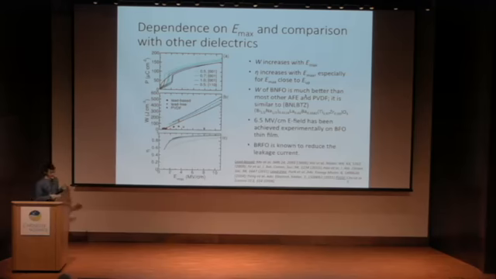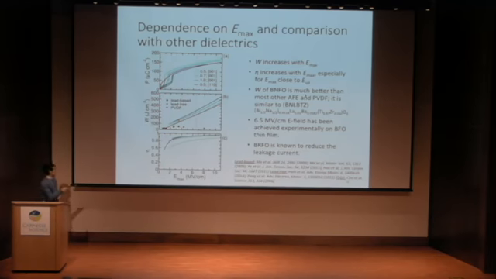Based on the behavior on the previous slide, we choose 4 representative cases to further calculate the energy density and eta as a function of Emax, the maximum applied electric field. We choose 3 compositions from the 001 field and 1 composition for the 110 field.